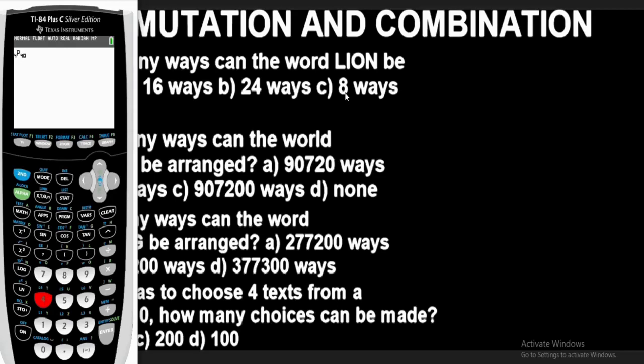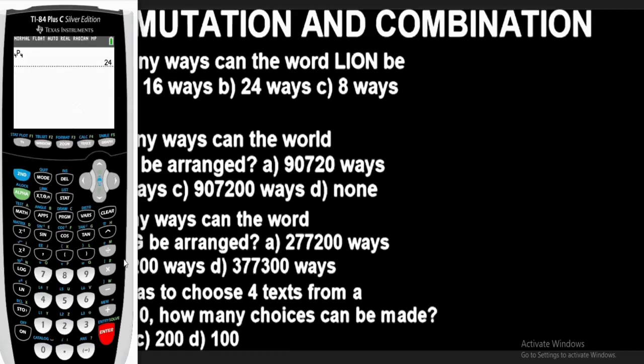Each one is distinct and they are 4 in number. The 4 after the P is for the 4 distinct letters that make it up. You press enter, and it gives you 24. So this is one way you can do it.